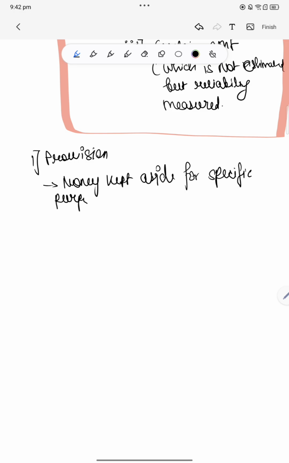Now ask me whether provision creation is mandatory or not. Yes, it is absolutely mandatory, because in one of our accounting principles we have learned about the principle of conservatism, the prudent concept, which means you have to be well prepared for your future. You have to take necessary steps in this year itself if you anticipate any loss. That means recording any losses beforehand.